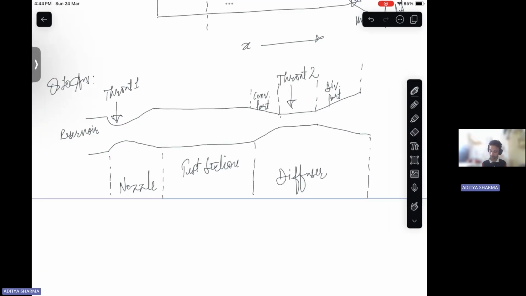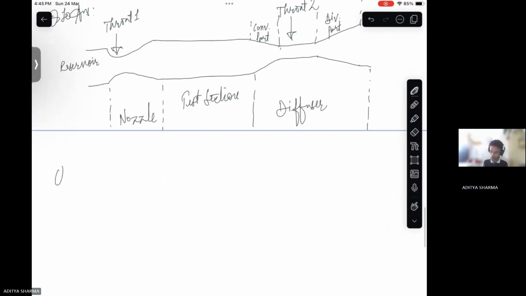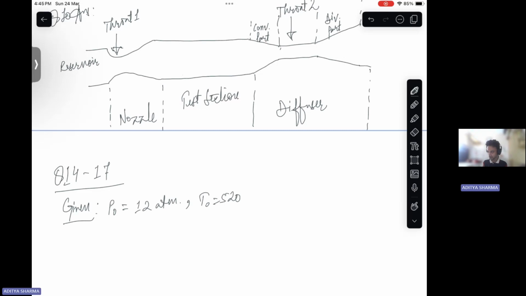First of all, I'll write down for questions 14 to 17 what has been given. P naught has been given as 12 atmosphere, right? T naught has been given as 520 Kelvin.